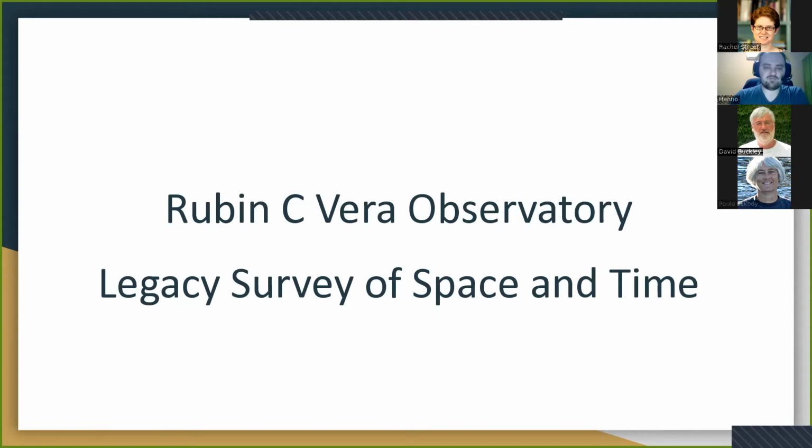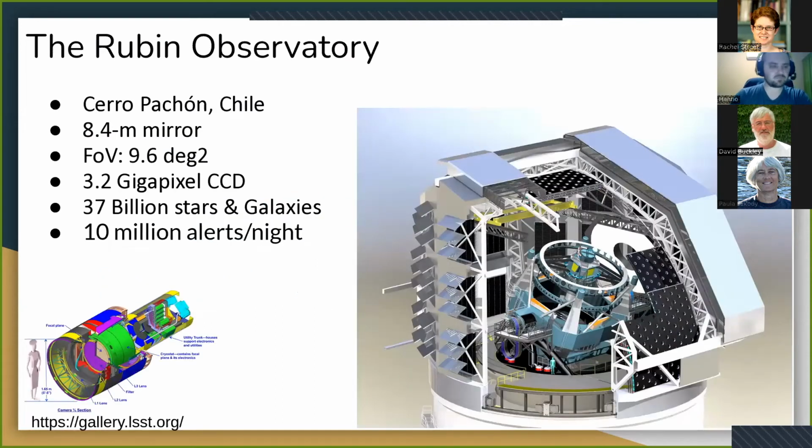And I'm going to mostly skip the slides I have for the LSST, since we all know what it's doing. But most importantly, with the 3.2 gigapixel CCD and the 37 billion stars and galaxies we will be able to survey, and the 10 million alerts a night, it is impossible for researchers to go through this data every night to see if we find any new transient events and trying to classify them. And for this, a machine learning algorithm works really, really well.